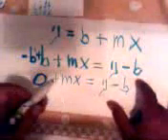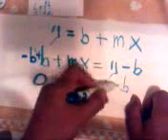Negative b and positive b give us 0, and mx equal to j negative b.